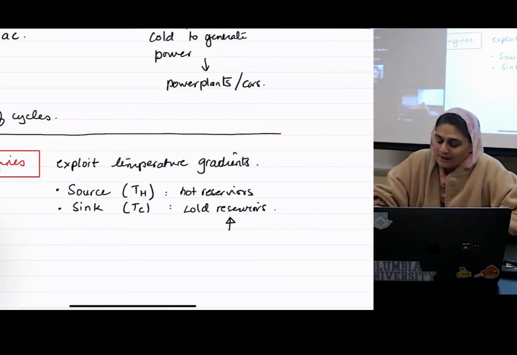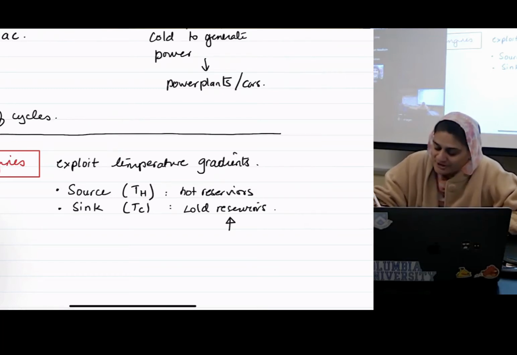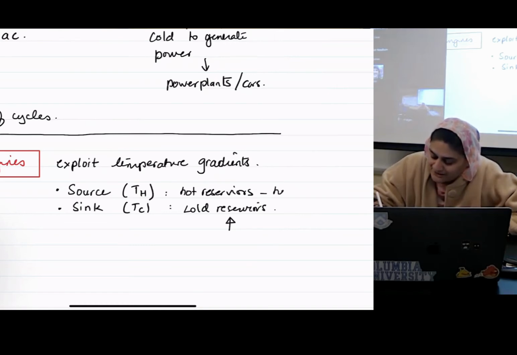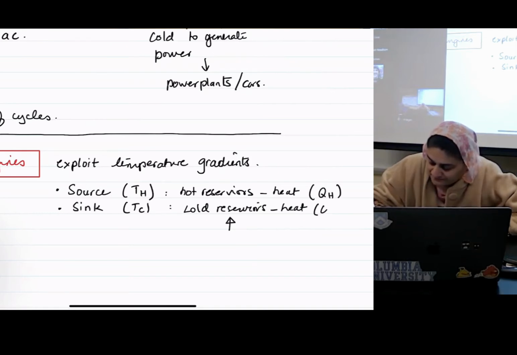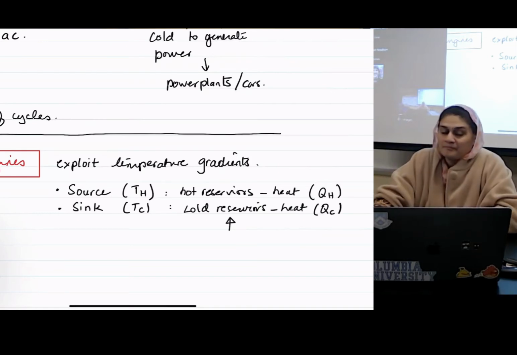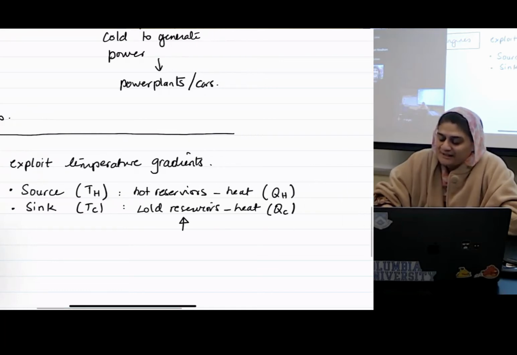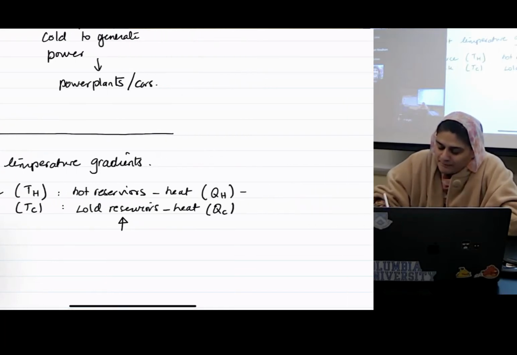When we talk about hot and cold reservoirs, we also can talk about heat in them, that they are allowed to give and receive, which is given by TH delta SH.